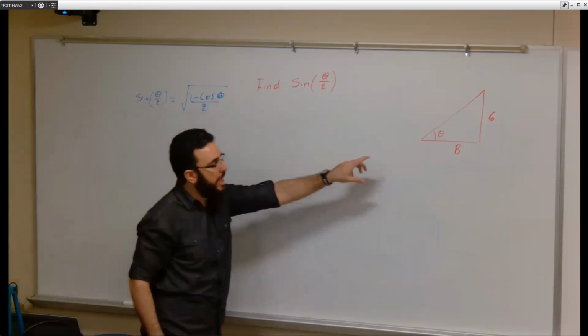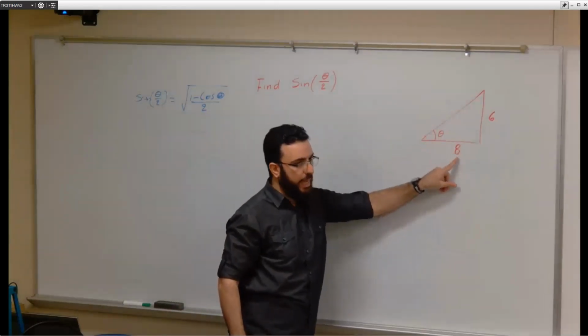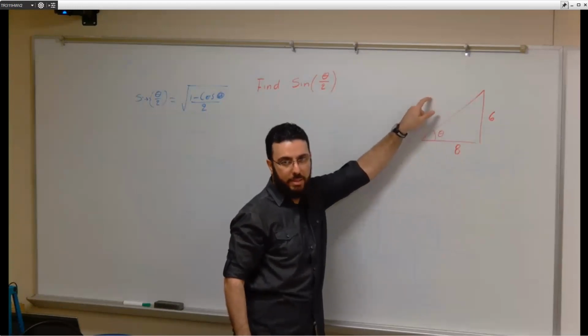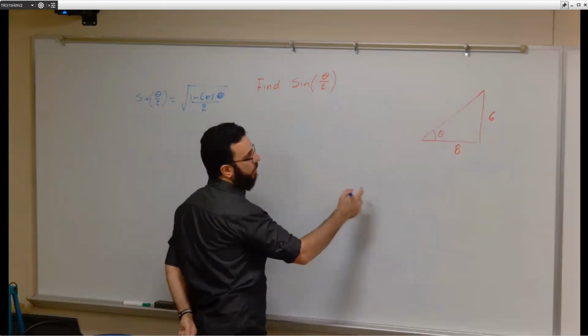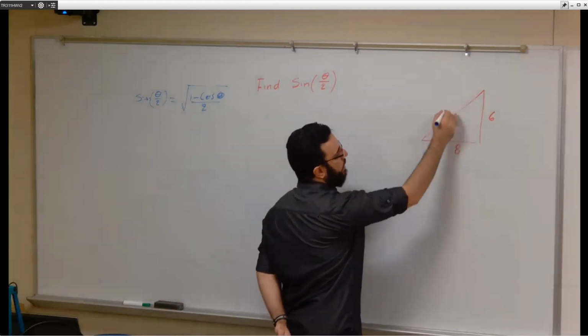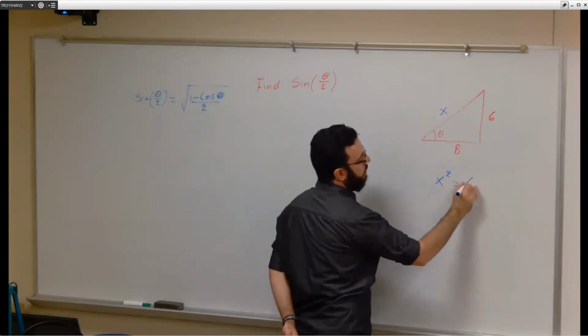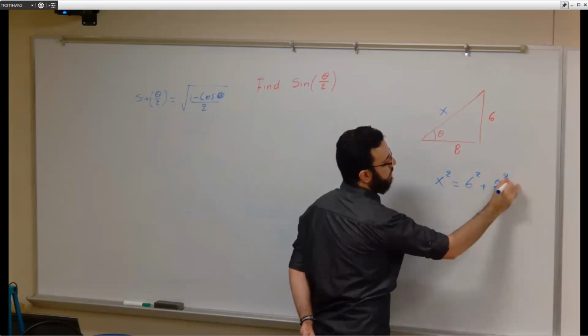Can I find cosine theta? Here's the theta. The cosine is adjacent divided by hypotenuse. Do I have this part? No. So I have to find this one, using the Pythagorean theorem. This is like x. So x squared is going to be 6 squared plus 8 squared.